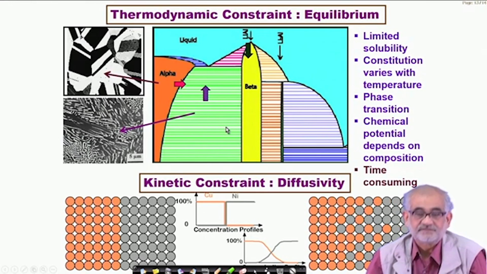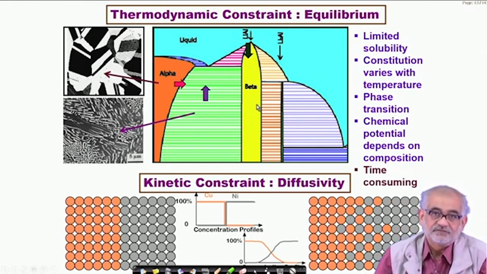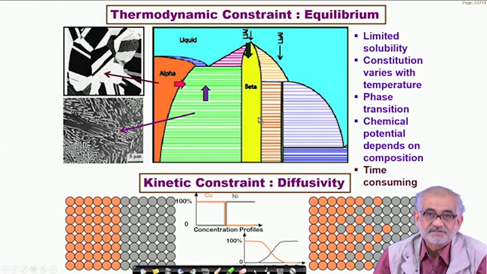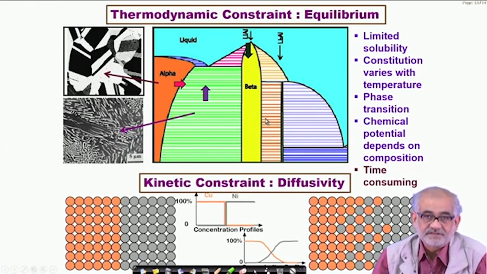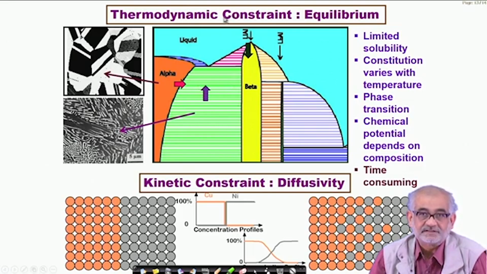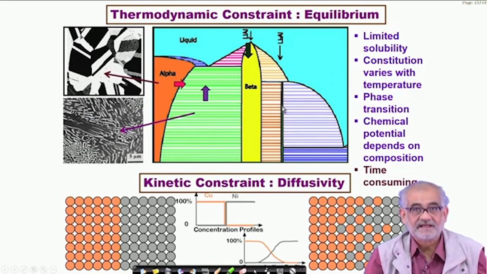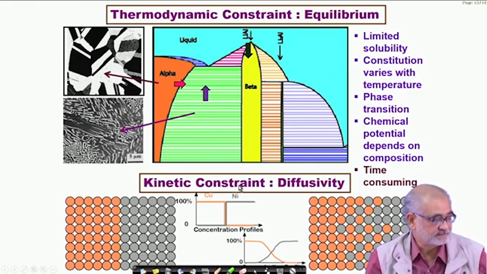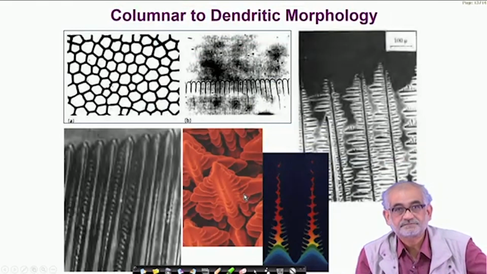In simple words, when we want to design a solid, we must realize that these two constraints have to be considered and adhered to or followed, and if we want to defy them, then we must know what is the limit we are dealing with so that we can defy them. And these two constraints are coming from thermodynamic and kinetic origin.